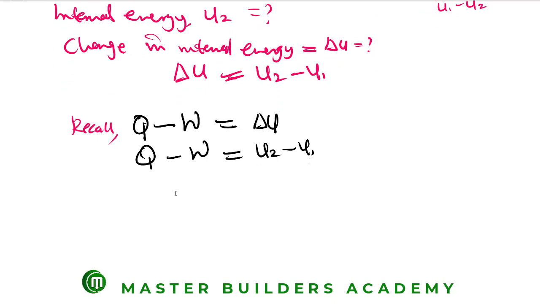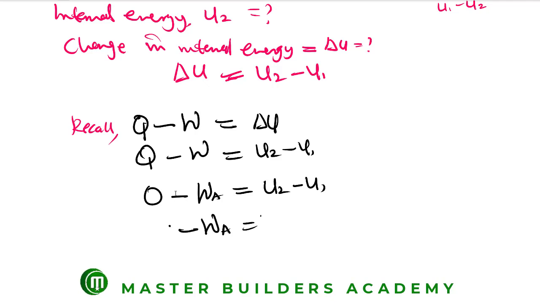So we have Q to be 0, and then minus the work done is 99, which is WA, then U2 minus U1. So this automatically gives us WA is equal to U2 minus U1.